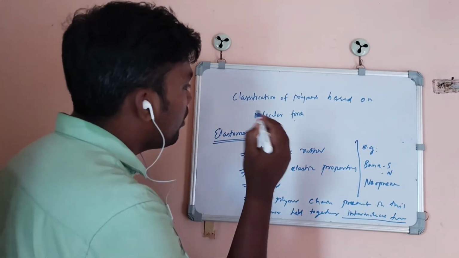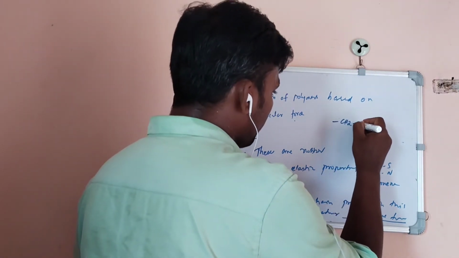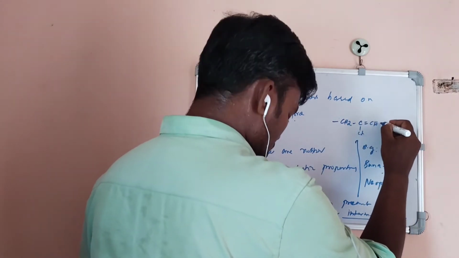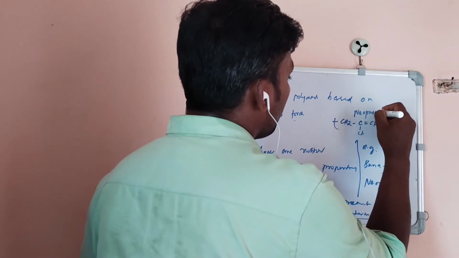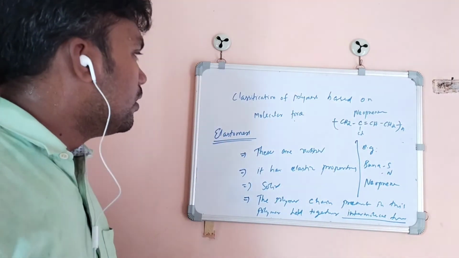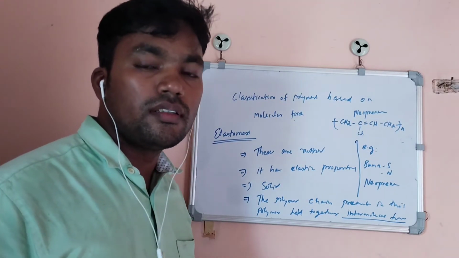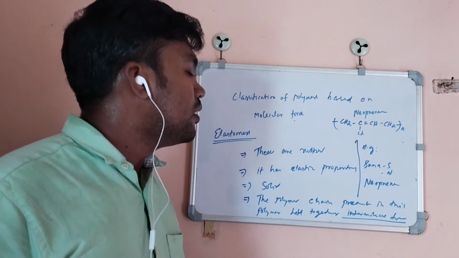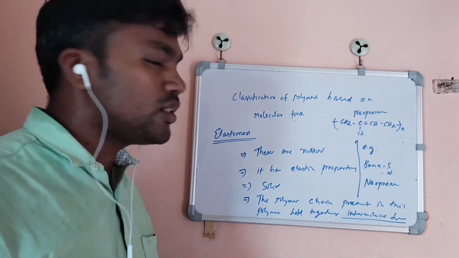Now we will see some structure. CH2=CCl-CH=CH2. This is the structure of neoprene. When you are preparing for national exams, for example NEET or JEE Advanced, you must know some examples for the elastomers.